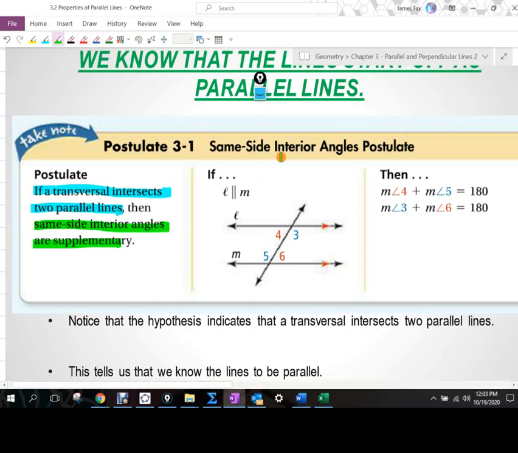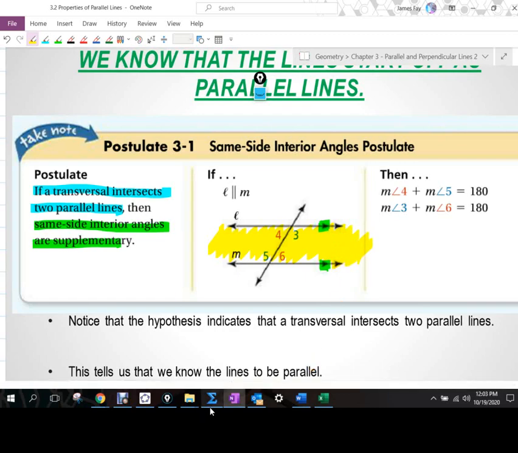A notation that we use for lines being parallel, you see those little arrows inside the line? That's a notation to tell us that the lines are parallel. You never want to go off of looks. You want to go off of the notation that they tell you. So they'll have lines with little arrows inside them, not on the ends. But what this says, if I look at same side interior, interior means they're going to be in the yellow.